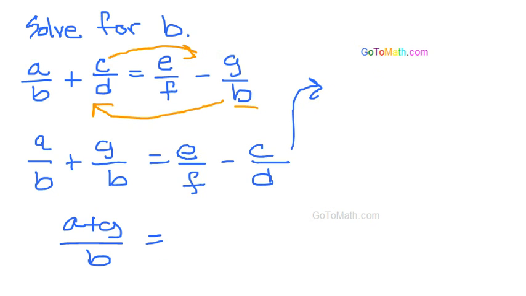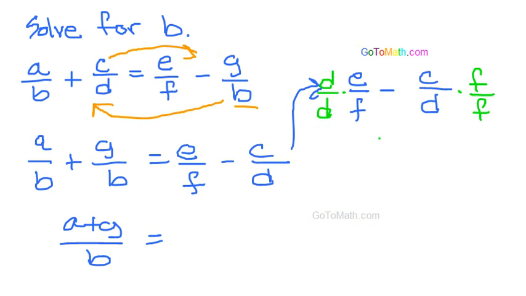Alright, so I'm going to go ahead and rewrite that, e over f minus c over d. We use green, how's that? Okay, so we need to get a d times f here, and then an f times d. And the easy way to do that is we'll just write d over d out here, and then f over f on this side here.